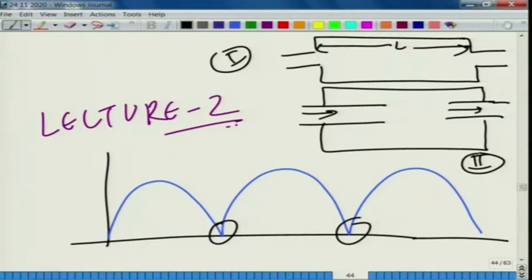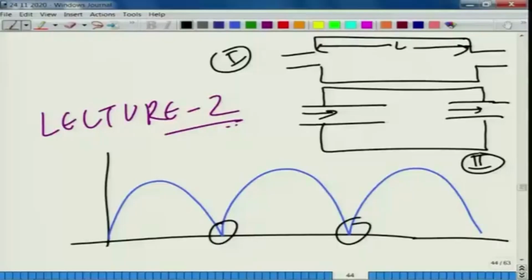So, let us understand the maths underlying it. Suppose we do not know what the length would be; we assume arbitrarily the length is L1 of this extension of the inlet, and L2 of the outlet port that is also extended inside the chamber.